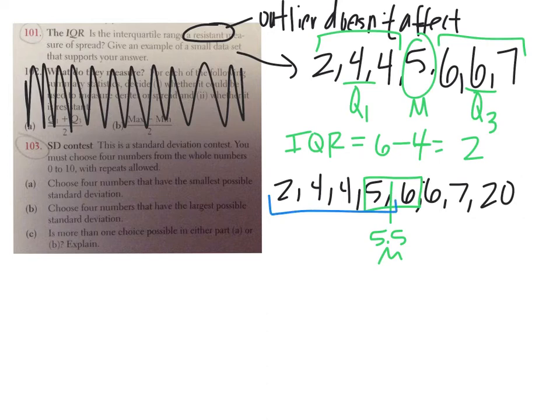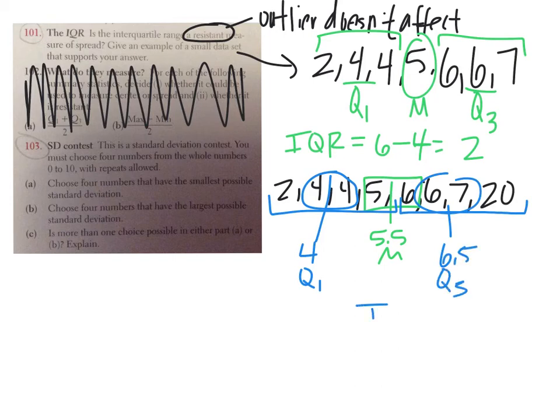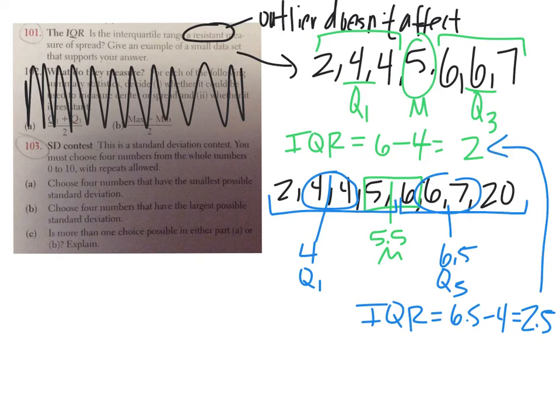And now my Q1 is going to fall in between these two, which is 4. My Q3 is going to fall between 6 and 7, which is 6.5. So my new IQR is 6.5 minus 4, which is 2.5. And that is not that different than 2. So you can see that the IQR is a resistant measure.